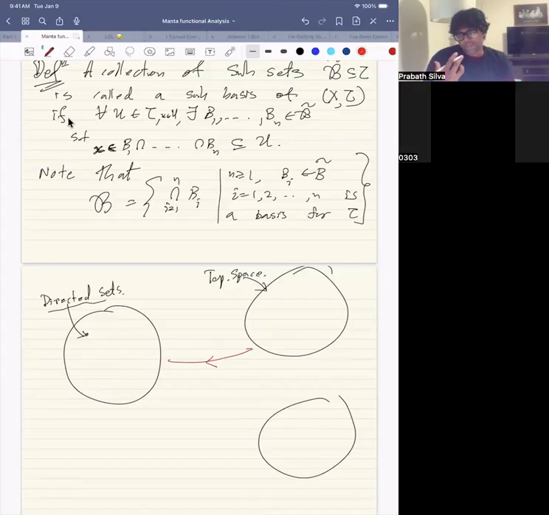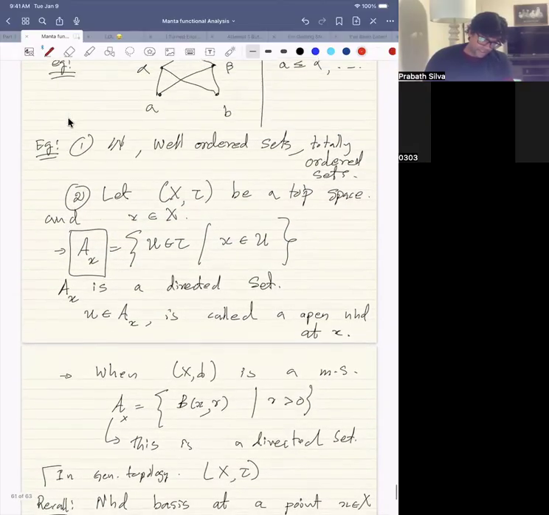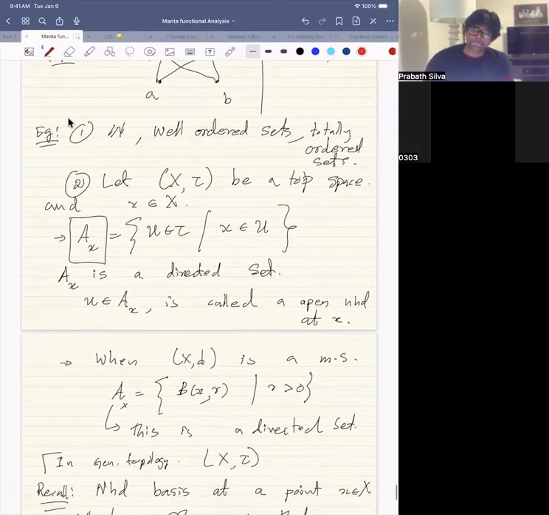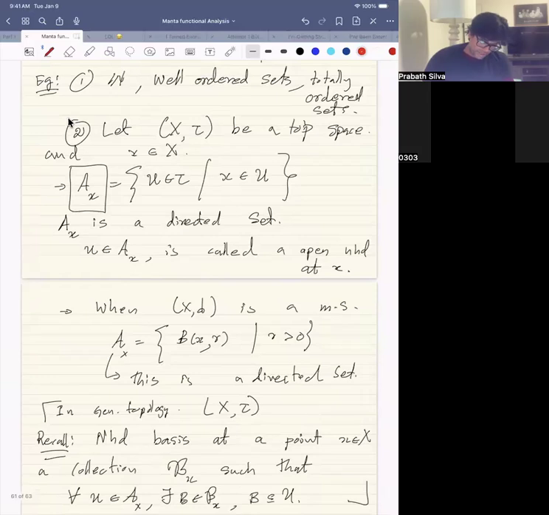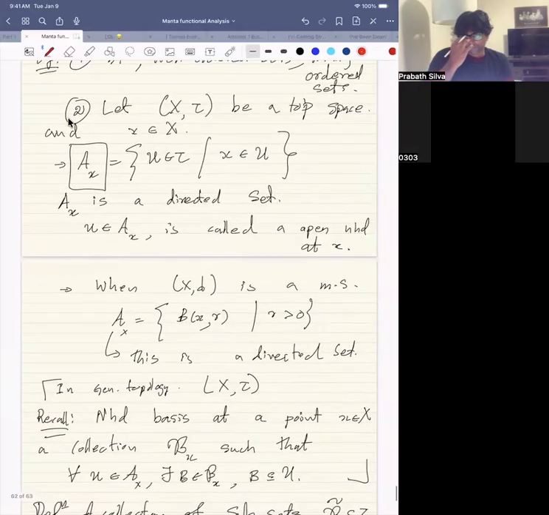If you have a topological space, and these examples will tell you the directed sets that you obtain by looking at all the neighborhoods, or like a neighborhood basis at a point, or neighborhood subbasis at a point.